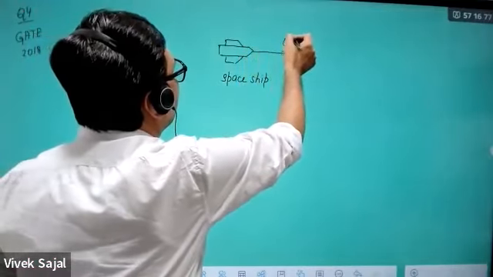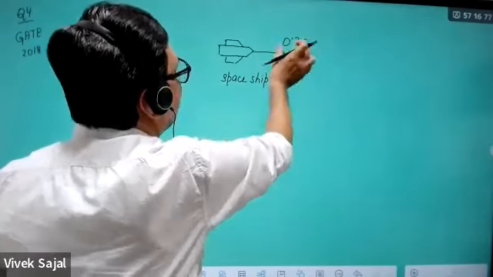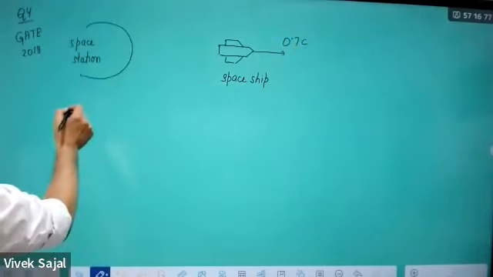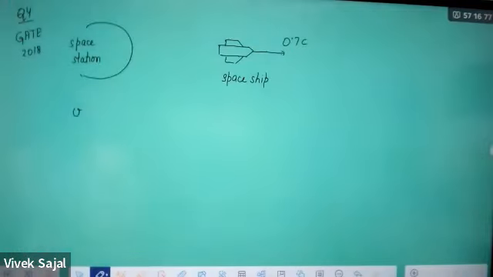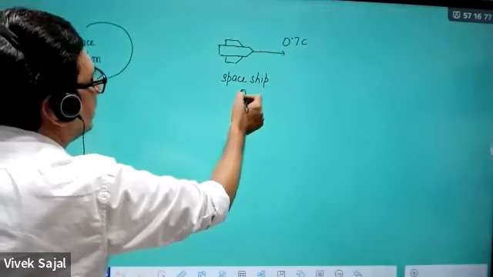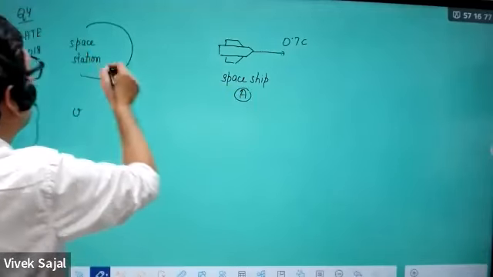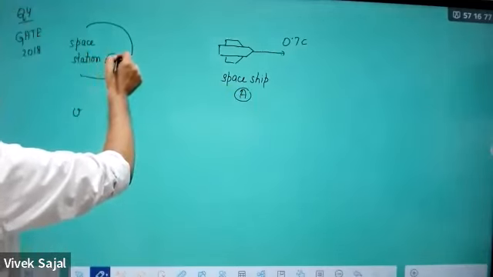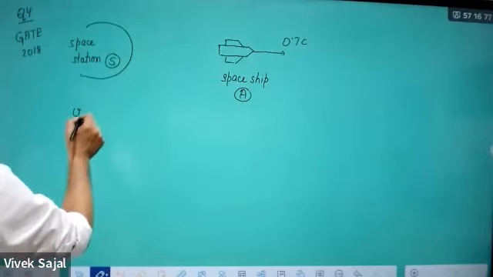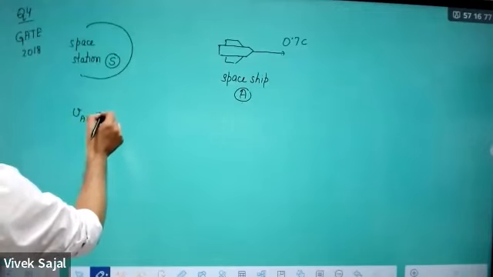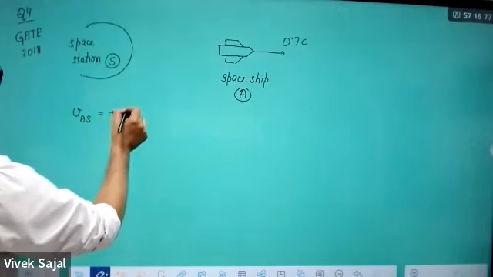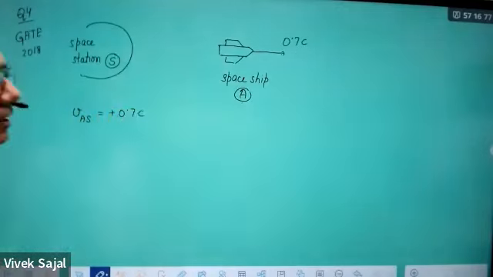This is the velocity of the spaceship. I assume it as A and I assume the station as S. So velocity of A with respect to space station, A with respect to S, that is plus 0.7 c. So this is the first statement.